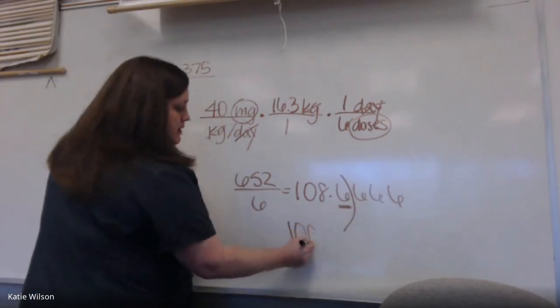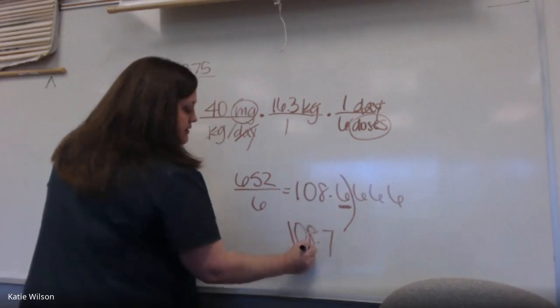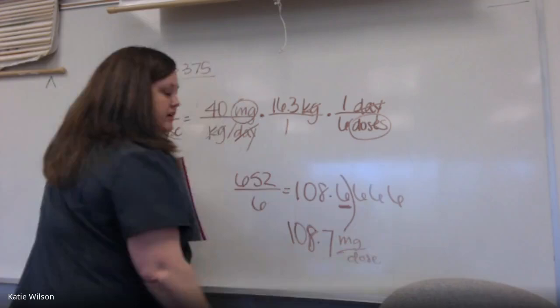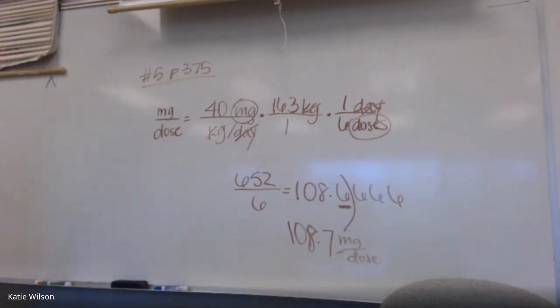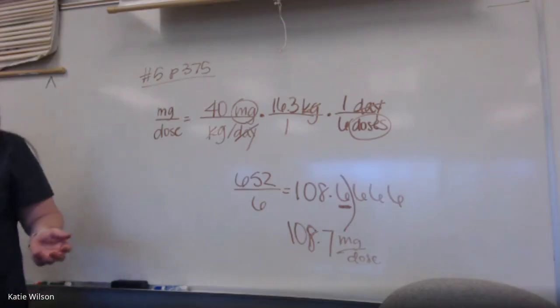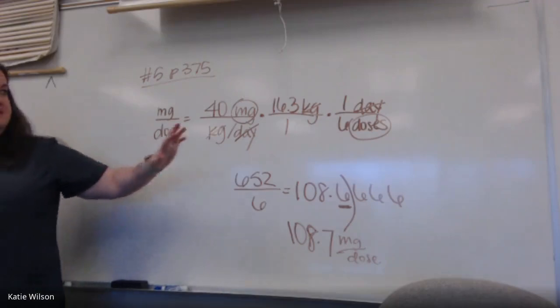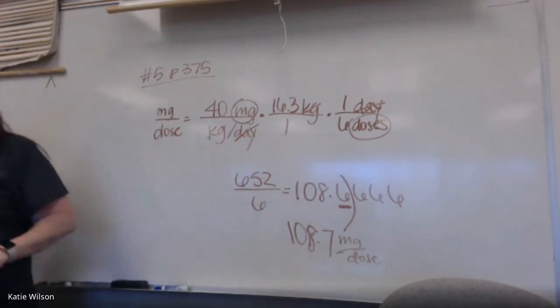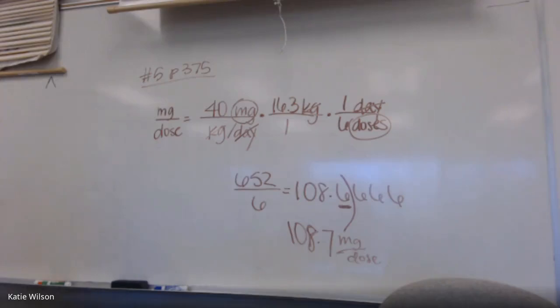So it's 108.7 milligrams per dose. So since that one didn't tell us to give it every 6 hours, instead we're giving a total of 6 doses, that's why we had to use that conversion for that. Okay.